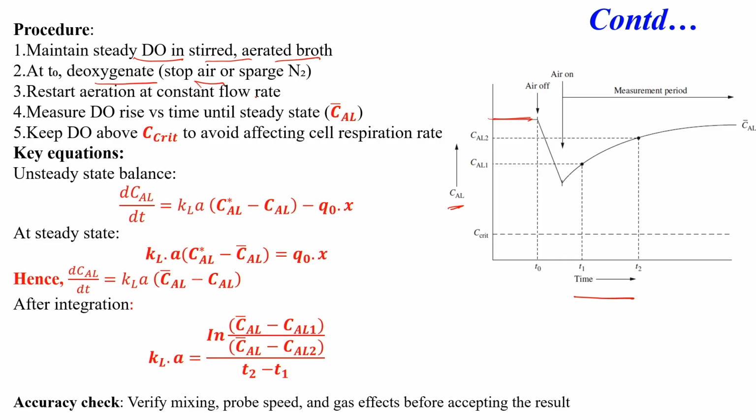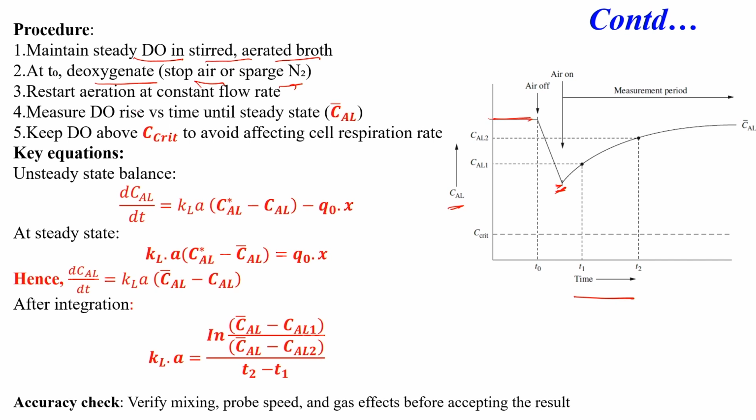So, stop the air, and if there is a biomass, it will automatically start utilizing the oxygen, or you purge nitrogen gas. Here we have stopped the air and started, let us say, nitrogen. It will come to a certain low level value of oxygen.